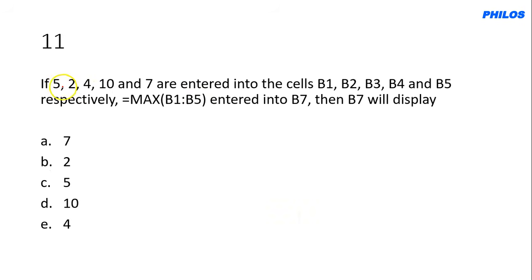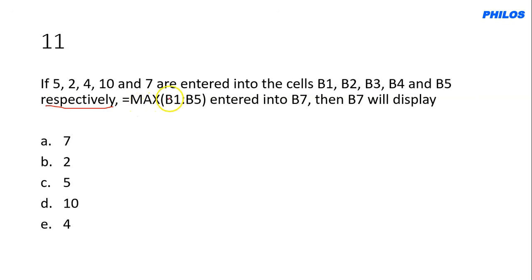Question 11. If 5, 2, 4, 10, and 7 are entered into the cells B1, B2, B3, B4, and B5 respectively, it means that 5 goes for B1, 2 goes for B2, 4 goes for B3, 10 goes for B4, and 7 goes for B5. That's the meaning of the word respectively.